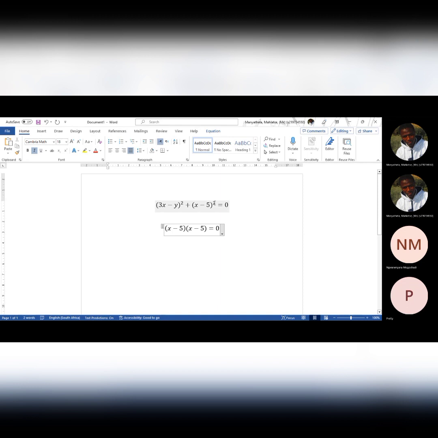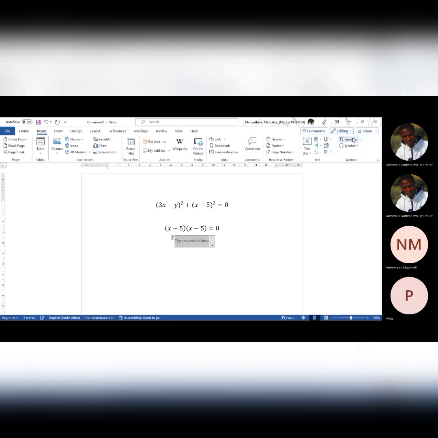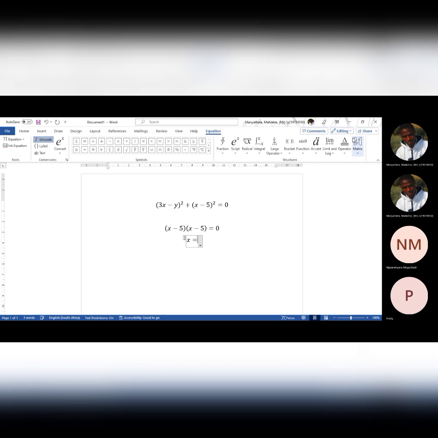When you solve x, we know something like this: x equal to 5 or x equal to 5. That's how it is. So even this one we get the same way.